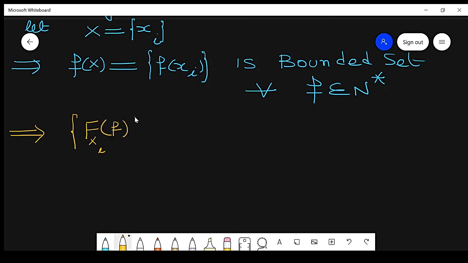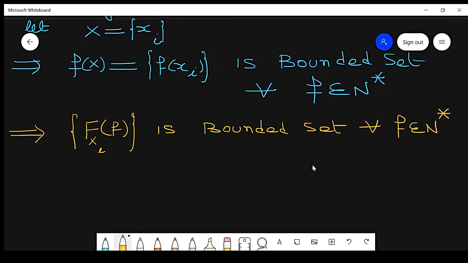So this is again a bounded set for every f belongs to N star, where x_i hat is a functional on N star induced by that vector.